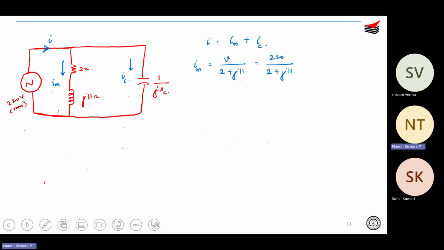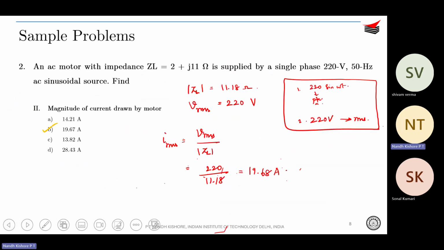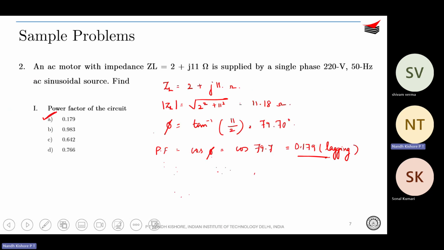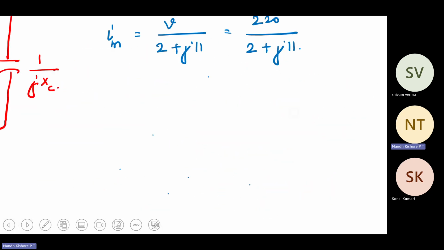This is what we did earlier also. We found the magnitude of current drawn by the motor alone: 220 divided by 11.18, which is 19.68 amperes. The angle is 79.7. So 19.68 at angle minus 79.7.